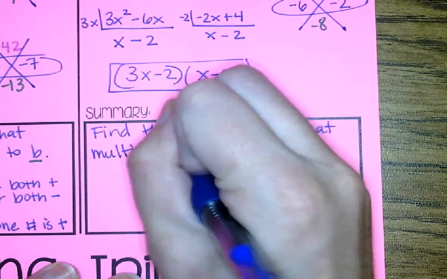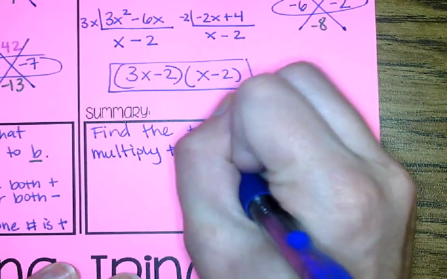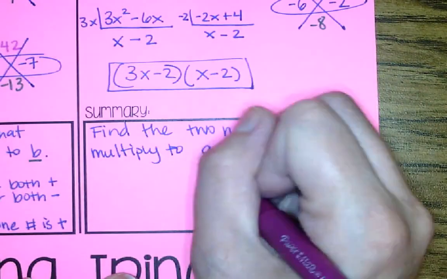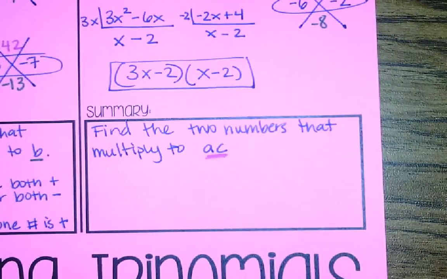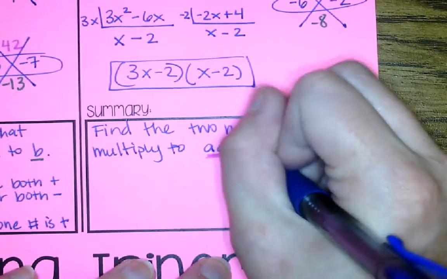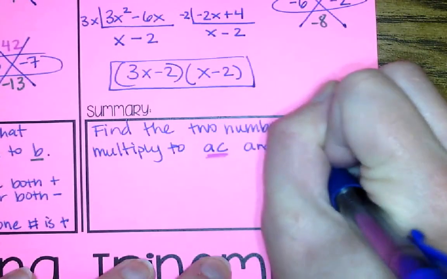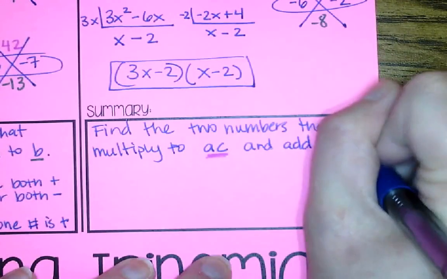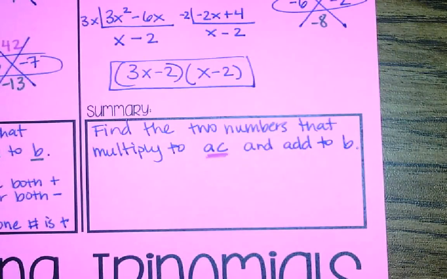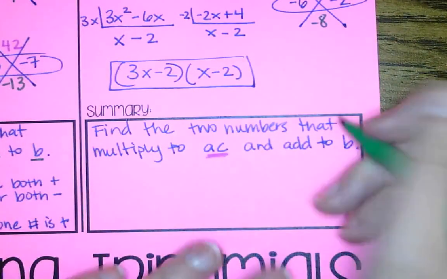That's our big difference here. We have to find the ones that multiply to AC and add to B. It always is going to add to that B, but when you have that leading coefficient, it's multiplying to the AC.